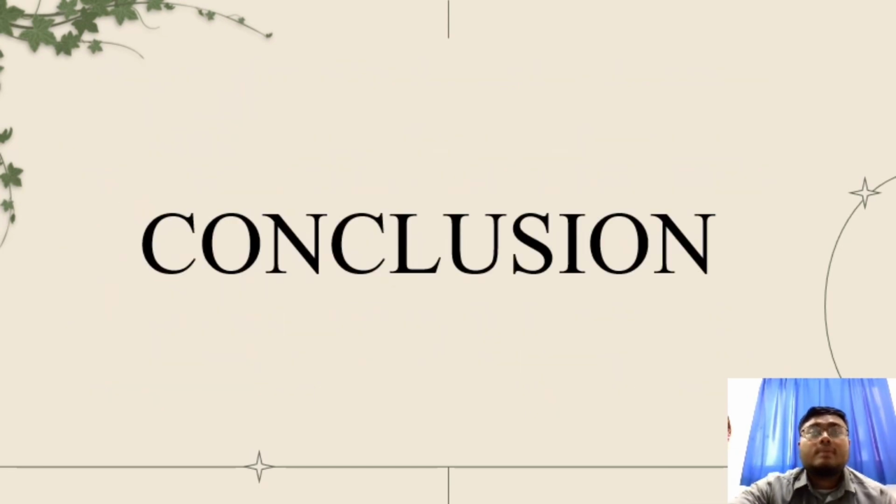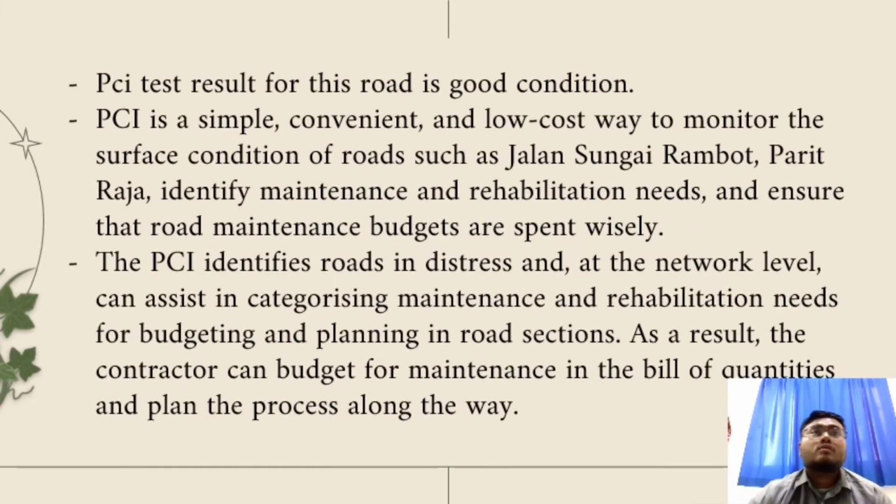And last but not least is the conclusion. The PCI test result for this road is good condition. PCI is a simple, convenient and low-cost way to monitor the surface condition of roads such as Jalan Sungai Rambut Baik Raja, identify maintenance and rehabilitation needs and ensure the road maintenance budget is spent wisely.